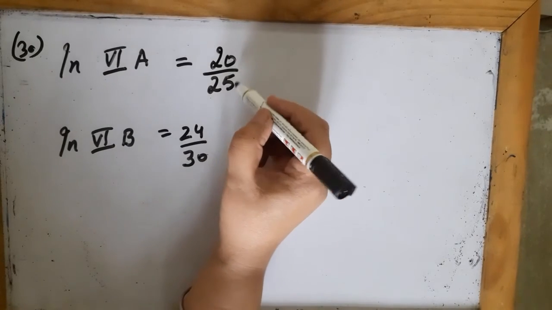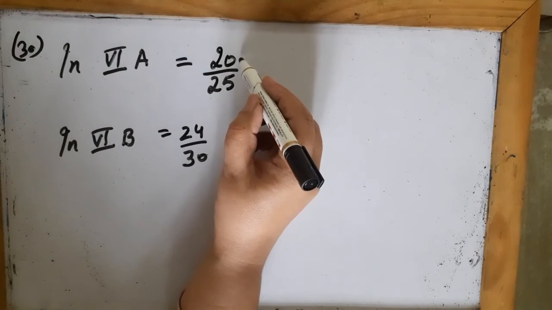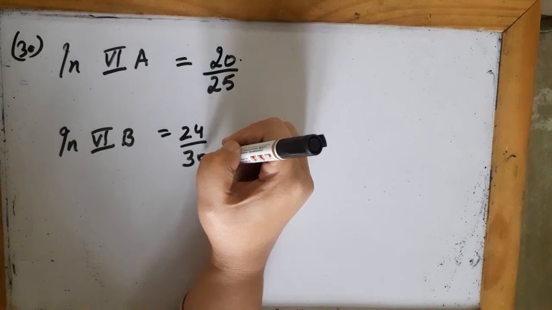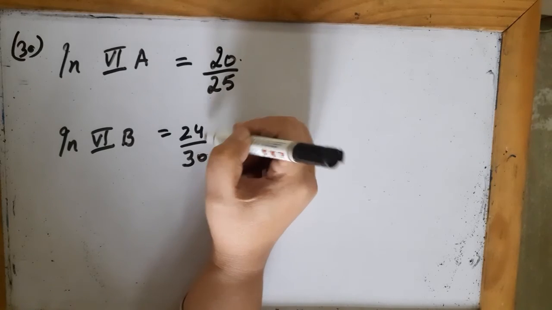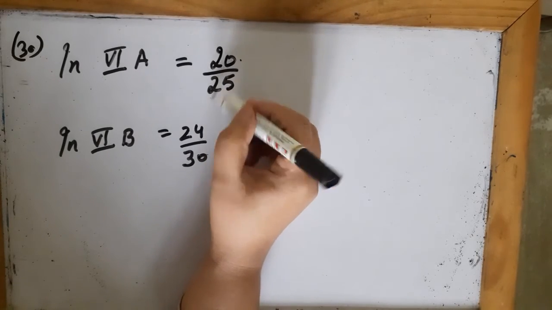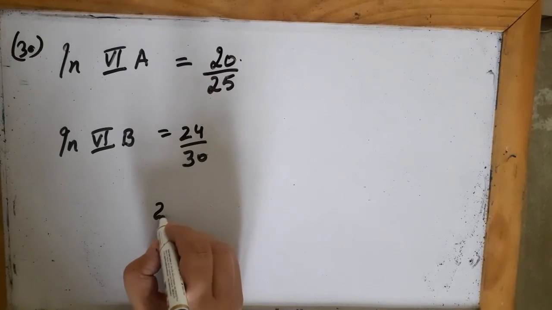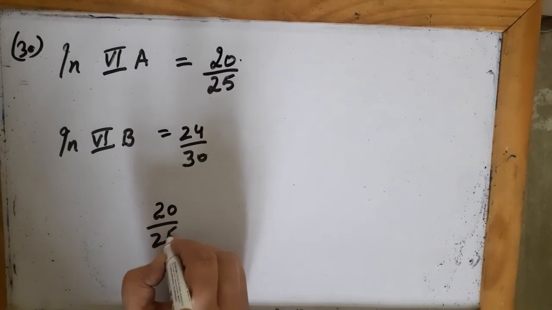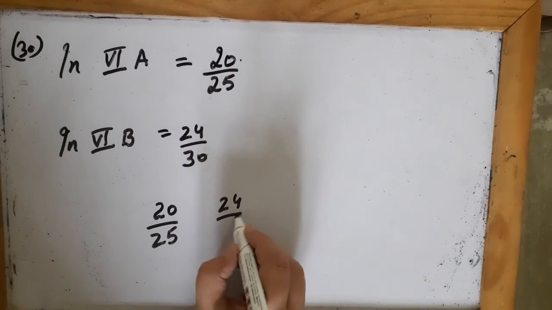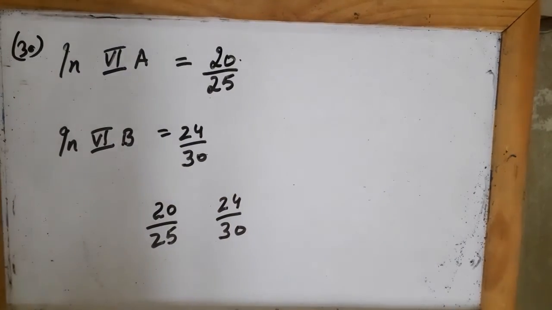In section A, there were 25 students and 20 passed, and in 6B, out of 30 students, 24 passed. They are asking which section gave a better result. So what it means is that I have to compare the fractions, and I told you two ways.